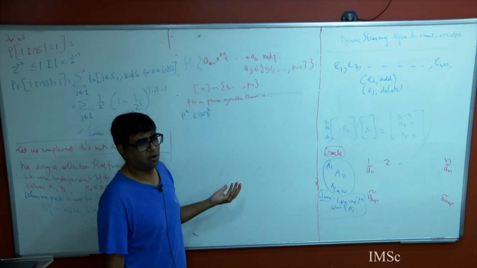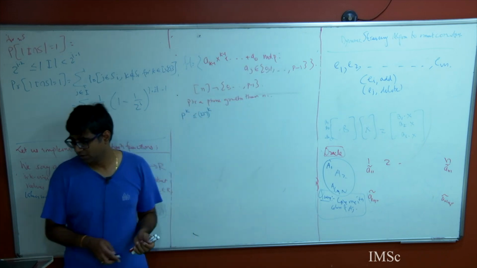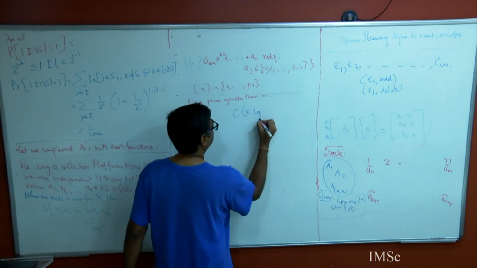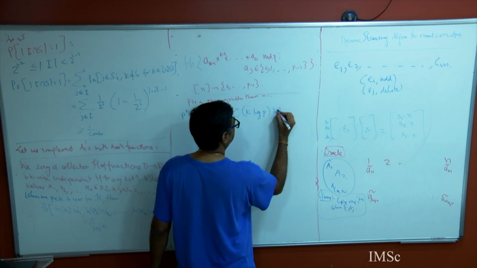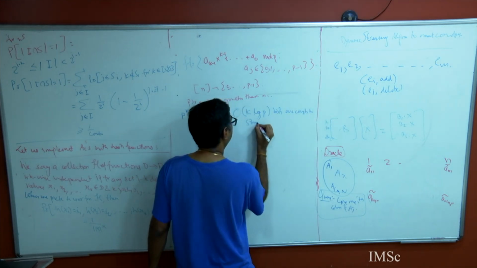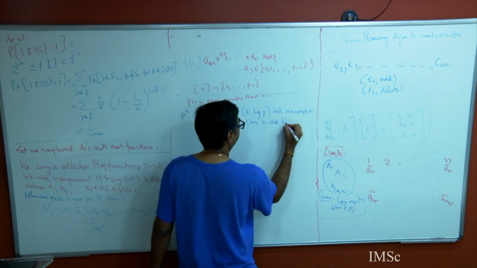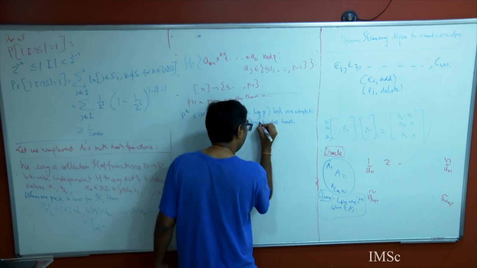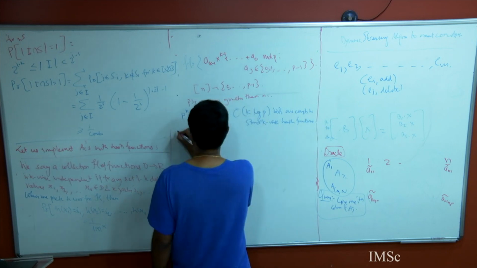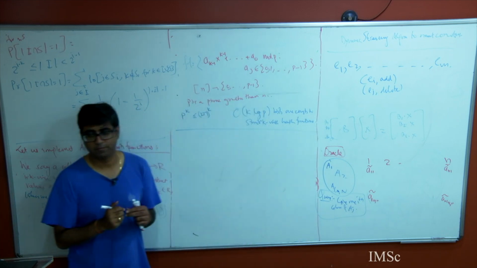So roughly order k log p bits are enough to store a k-wise hash function.